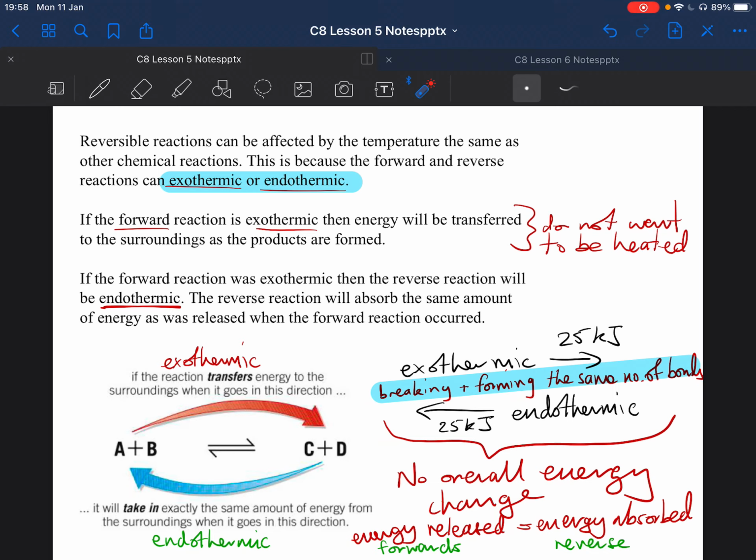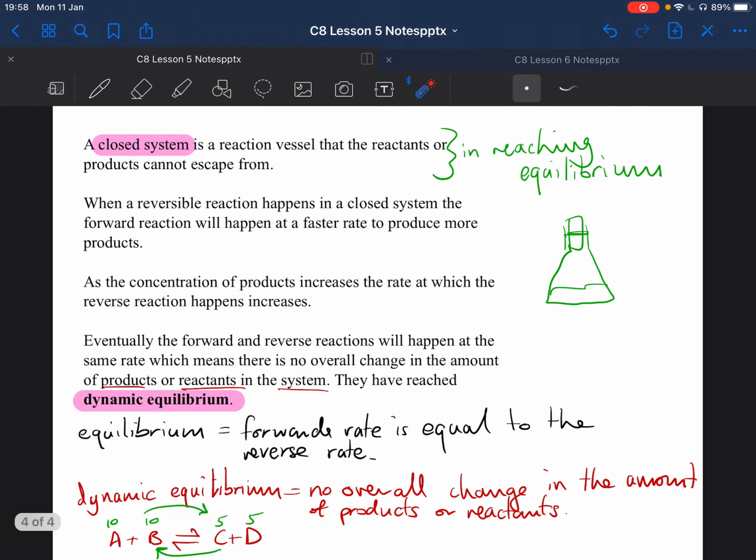What is released is what is absorbed, because they are breaking and forming the same numbers of bonds. And then finally, dynamic equilibrium and equilibrium can only really happen if they are set up in a closed system. A closed system prevents reactants or products from escaping, so that the reaction can actually reach its equilibrium and have the same forwards and backwards rate.